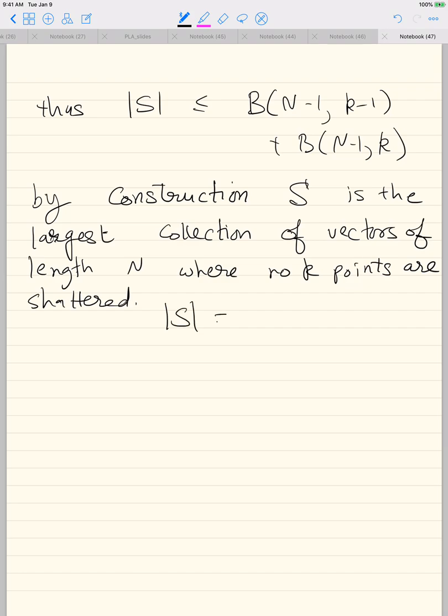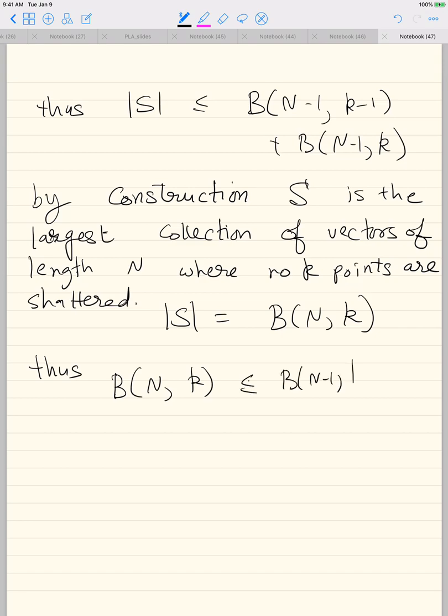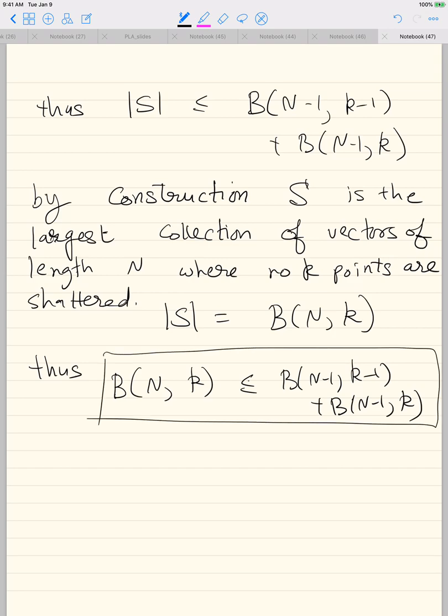The size of S by definition is B of n comma k. This is how we started off. Thus, what we have shown is that B of n, k is less than B of n minus 1, k minus 1 plus B of n minus 1, k. This is the recursion that we have shown so far.